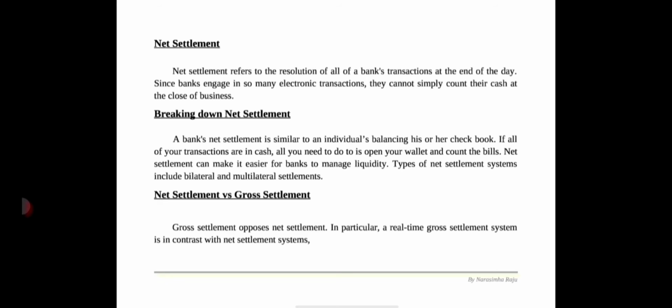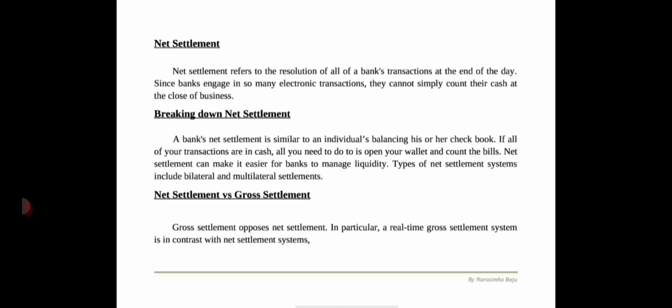Here, net settlement can make it easier for banks to manage liquidity. Types of net settlement systems include bilateral and multilateral settlements. Bilateral settlement systems entitle final settlement of all payments made between two banks over the course of a day to be settled at the close of business, typically via a transfer between their accounts at the central bank.